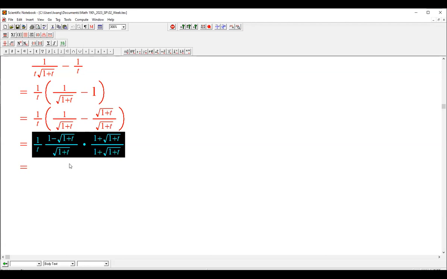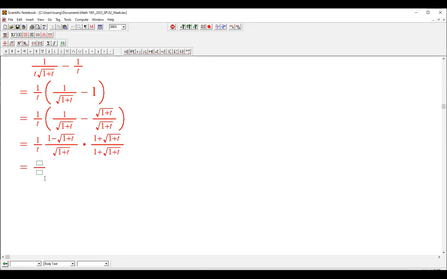Now let's look at denominator times denominator. So t is going to multiply the root of 1 plus t, and there's another one. This one needs to be in parentheses. And this dot can be removed.